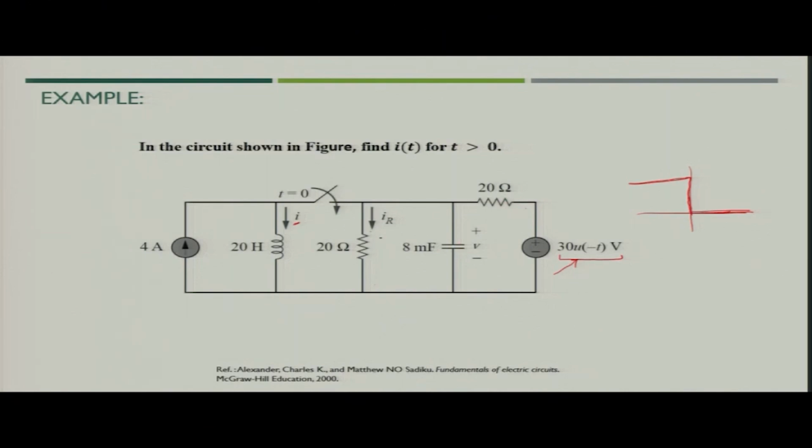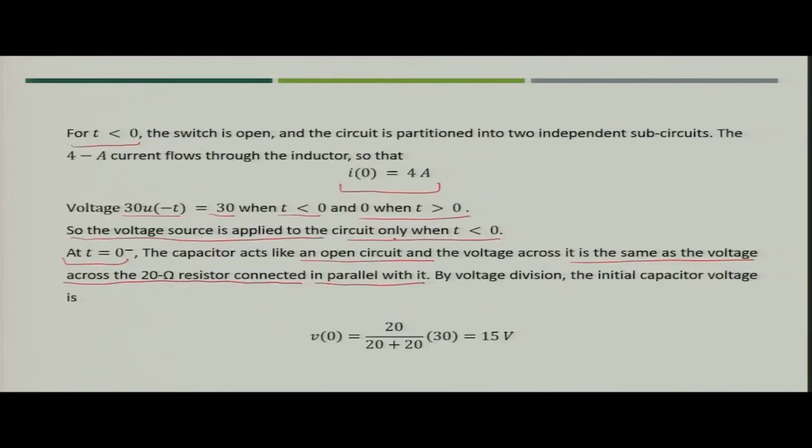You can simply use voltage division and you will find that the value of this voltage at time t equal to 0 is nothing but 15 volt. So, this is our initial voltage across the capacitor when the switch is closed. So, we got two initial conditions: the current flowing through the inductor at time t equal to 0 and the voltage across the capacitor at time t equal to 0.